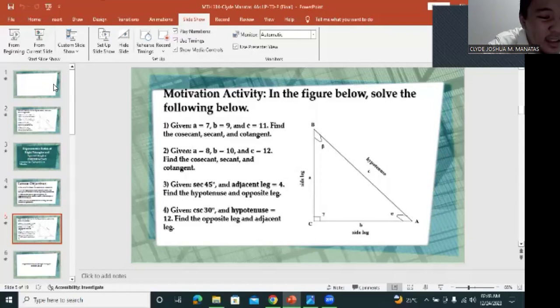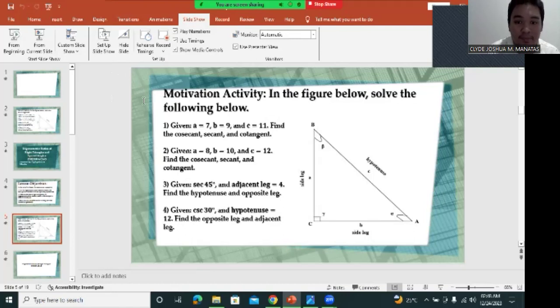Let's start with number one. Given that A is equal to 7, B is equal to 9, and C is equal to 11, find the cosecant, secant, and cotangent.